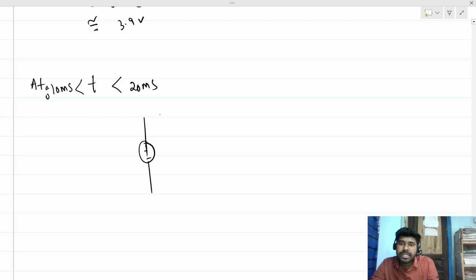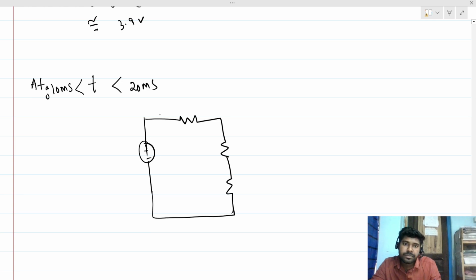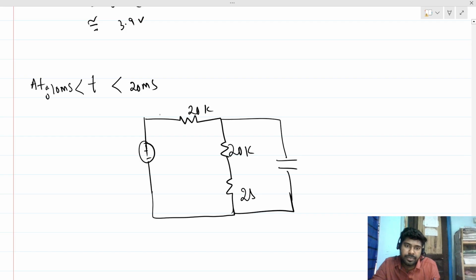The picture will look like this, right? So this is 20k, this is 20k, and this is 25k of the MOSFET, let's say R1 of MOS. And this is our 330 nanofarad capacitance. So this is V out.